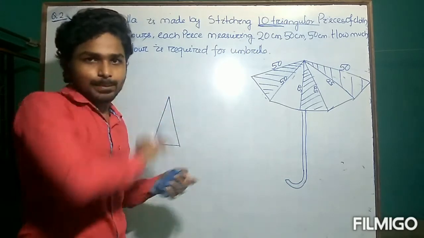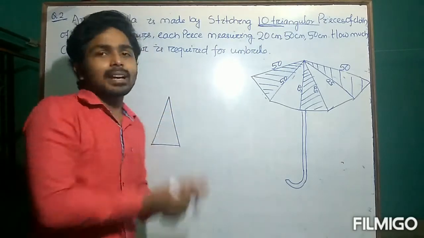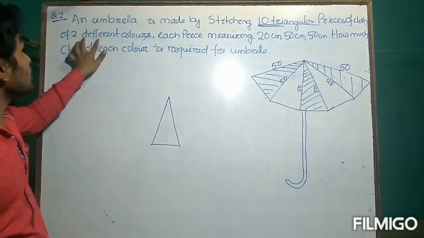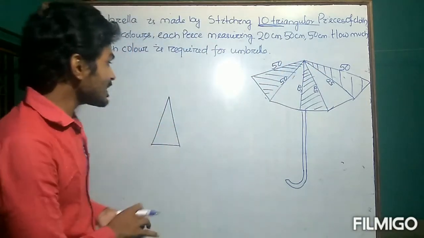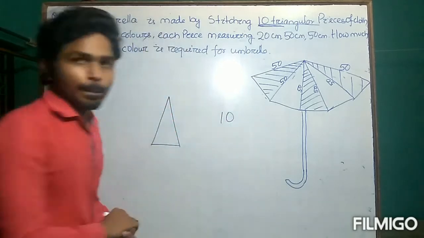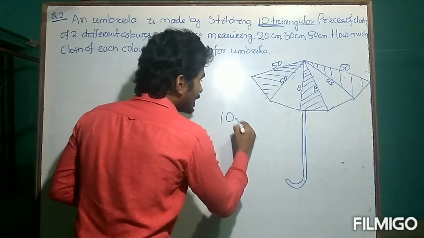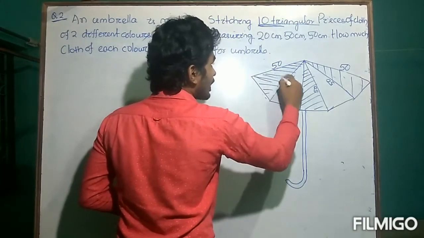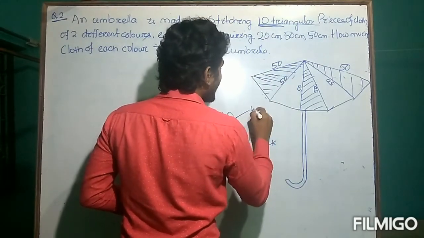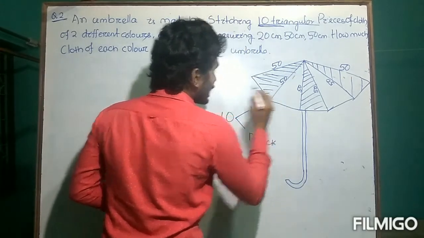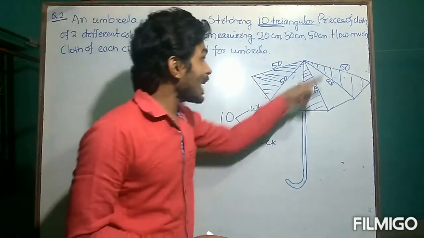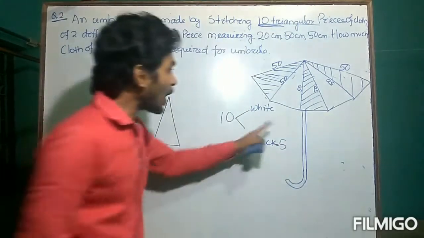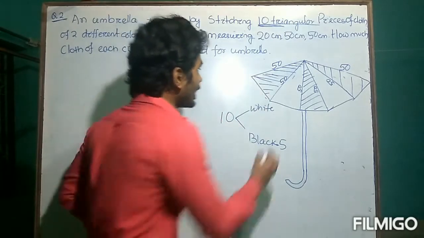Similarly, how many triangular pieces are there? 10 triangular pieces. And all the triangular pieces are made up of 2 different colors. Suppose one color is black and the other is white. So how many triangular pieces have black color? Must be 5. And how many have white color?